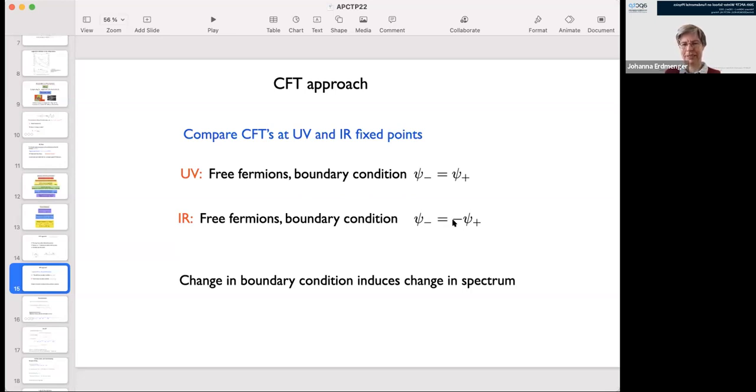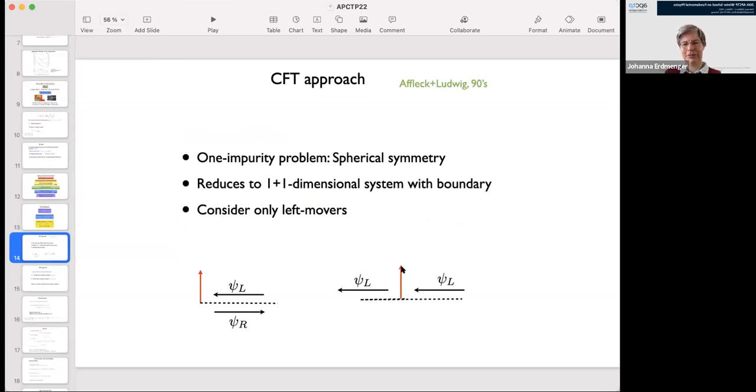So the interaction at this point can be translated into a boundary condition, which means that the effect of the interaction of the spin will be that the particle which arrives here gets a phase shift of 180 degrees when it passes through this point. So this is this result of Affleck and Ludwig, and I will show you more details in the second hour today.